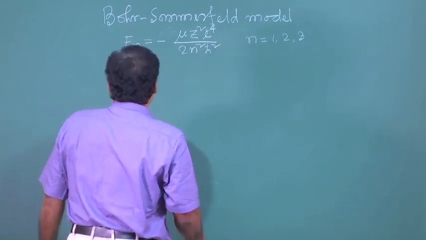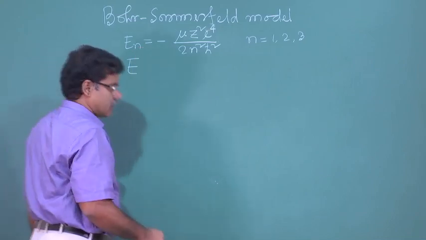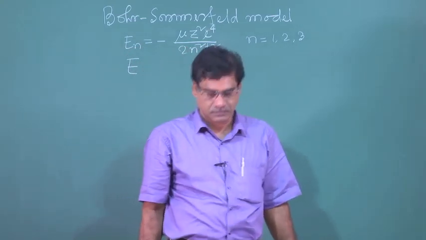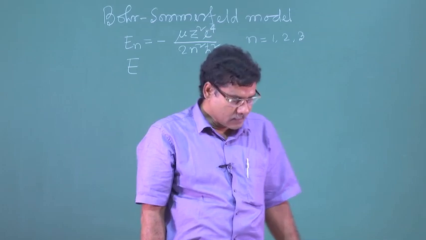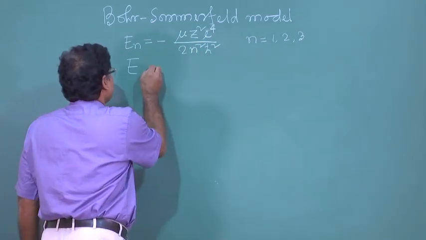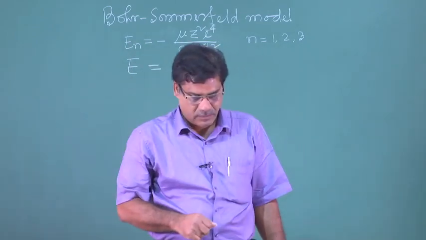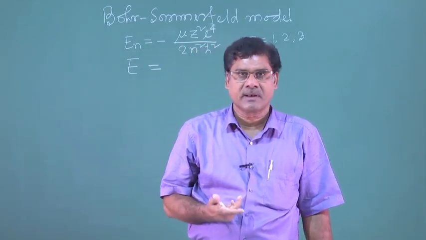Then Sommerfeld introduced another quantum number, the azimuthal quantum number, using the special theory of relativity.